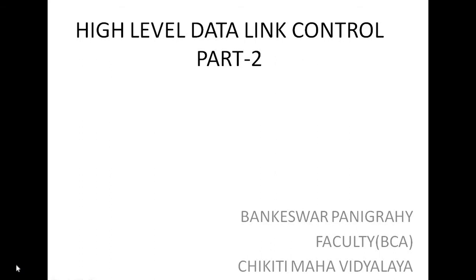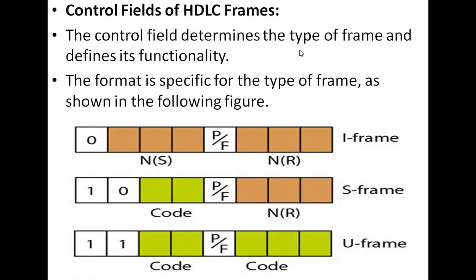Okay, so here it is given that the control field determines the type of frame and its functionality, and the format is specific for the type of frame as shown in the following figure.